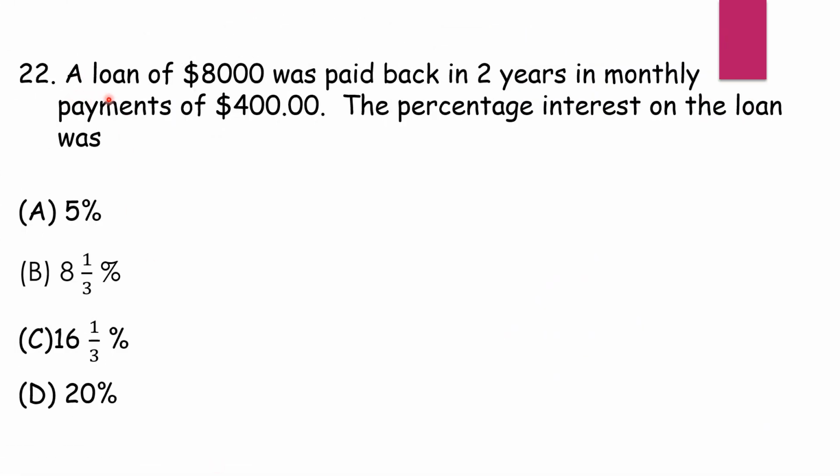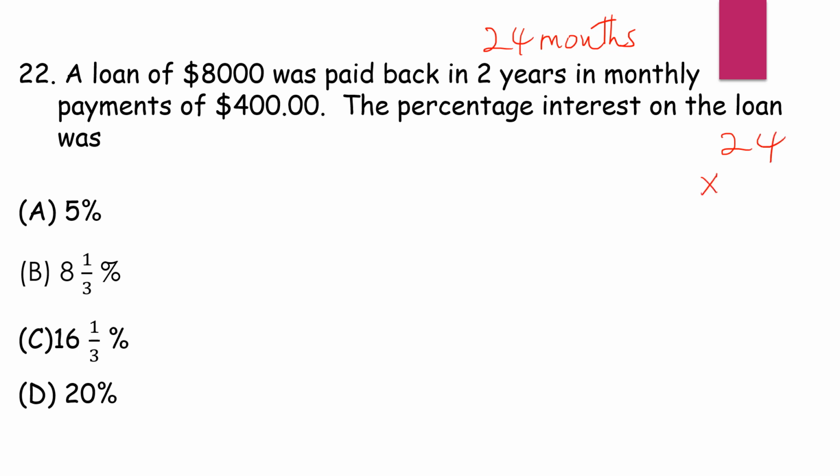Question 22. A loan of $8,000 was paid back in 2 years in monthly payments of $400. The percentage interest on the loan was... So 2 years is equal to 24 months. So the total payments for those 2 years would be 24 times 400.